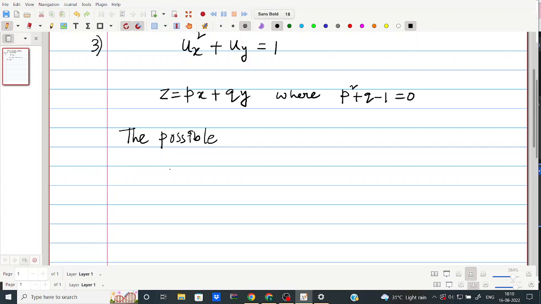Okay, so I'm finding the envelope. You just follow the procedure.